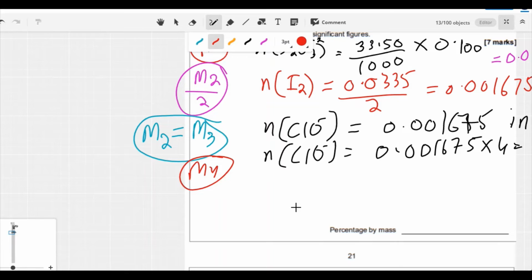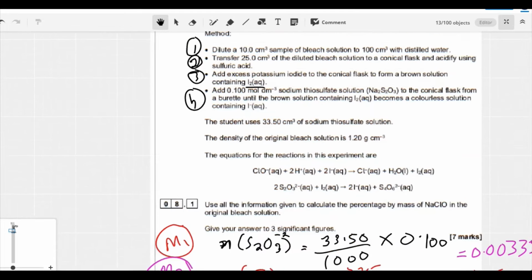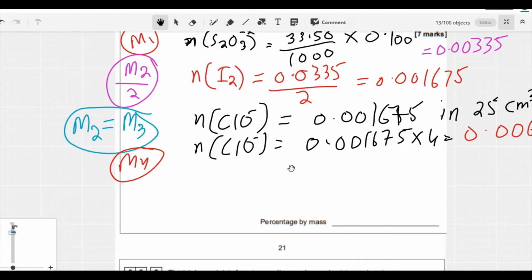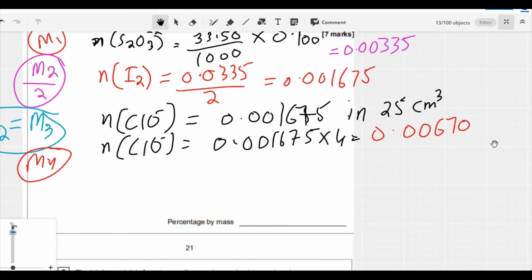Now that is actually n of ClO⁻ in the original 10 cm³ of the sample. You can see the 10 cm³ of bleach solution was diluted to 100 cm³. So the chlorate ion will be equal to 0.00670 moles in the original 10 cm³ sample.